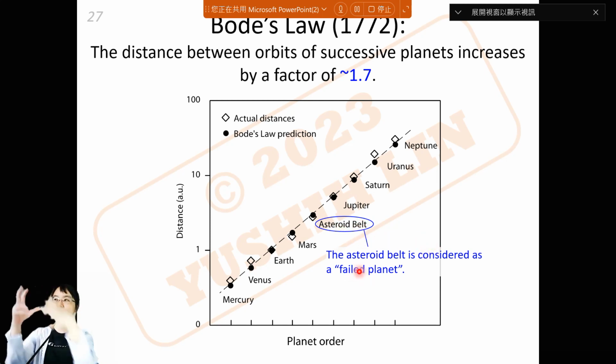Planets are accreted from smaller material. But asteroid belts are failed planets because this material did not accrete together to form a larger planet. I was quite curious about the reason for Bode's law, so I actually Googled it. Some scientific journals say, we no longer accept articles discussing the underlying mechanism of Bode's law. So I don't know what caused this.